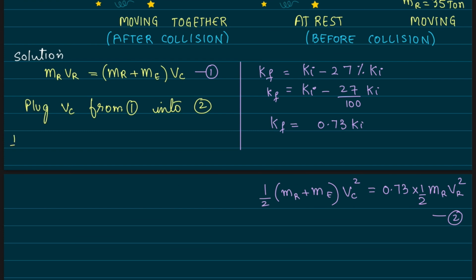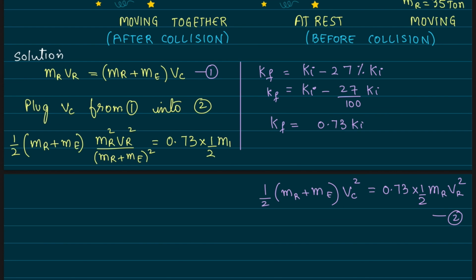You will get 1 by 2 times mass of rail plus mass of engine, then vc squared. Vc squared is equal to mass of rail vr, with square signs, over mr plus me squared. This is what you will get for vc squared, and it is equal to 0.73 times half mass of rail and speed of rail squared.